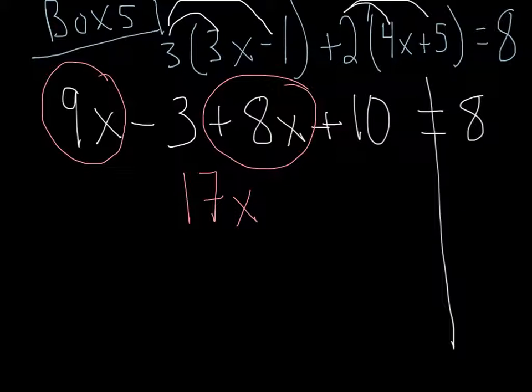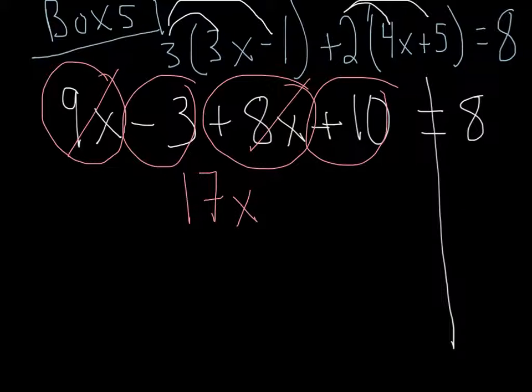Now I see a negative 3 and a positive 10. Those two are different. One's negative, one's positive, so I'm going to subtract them. I get 7. And there's more positives. That's where this plus sign comes from. And that's going to equal 8.